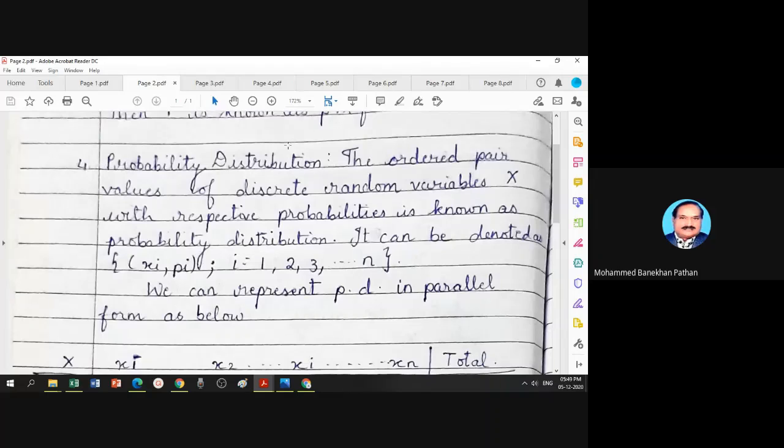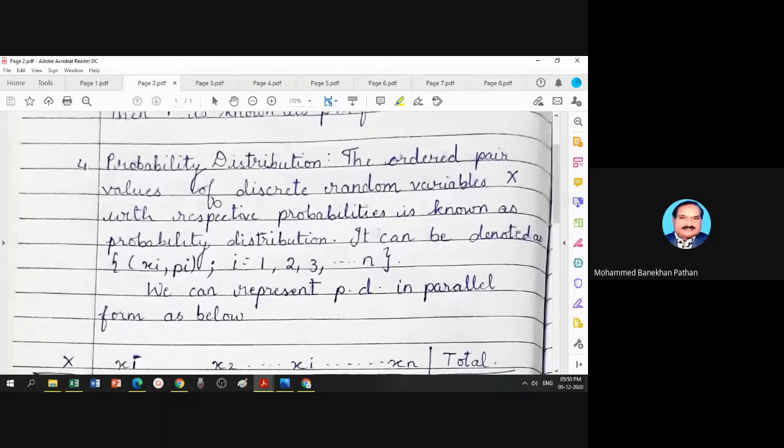Fourth definition is probability distribution. The ordered pair values of discrete random variable x with respective probabilities is known as probability distribution.